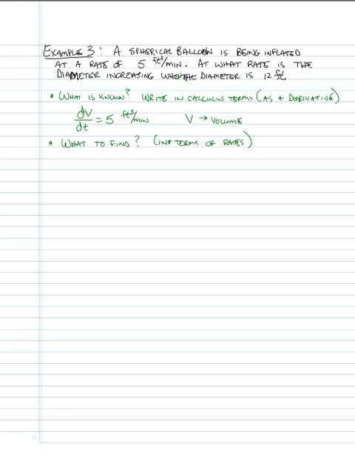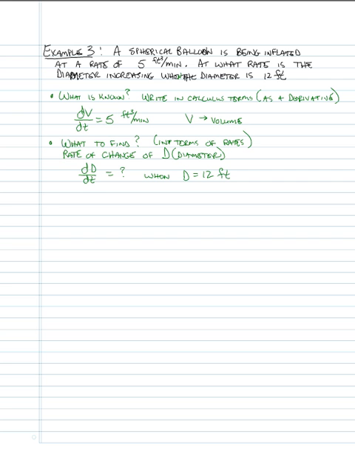So we are finding the rate of change of the diameter, where D represents diameter. That's what we're asked to find. So we're going to find the derivative of d with respect to t, specifically when d is equal to 12 feet.